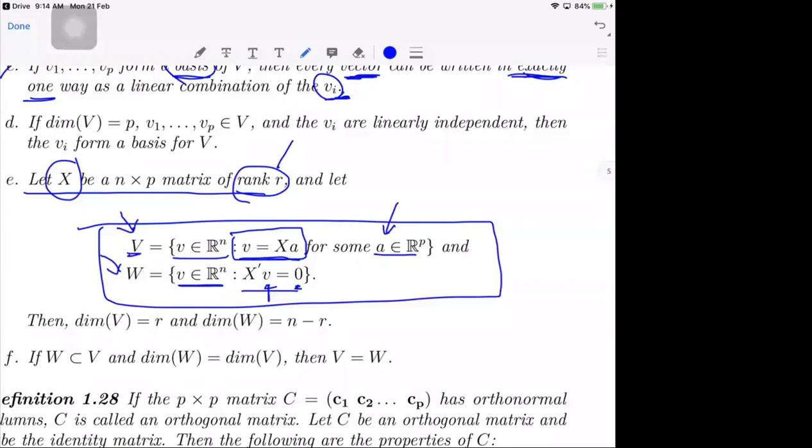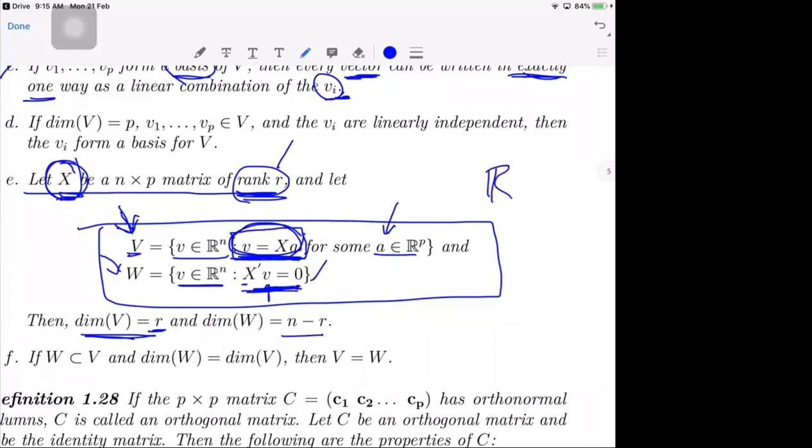So any vector that you can write in this form for any matrix X, and any vector that when you pre-multiply it by the transpose of X is equal to 0, then the dimension of V, the vectors of this form, will be r, the rank of X, and the dimension of W, the vectors of this form, will be n minus r.